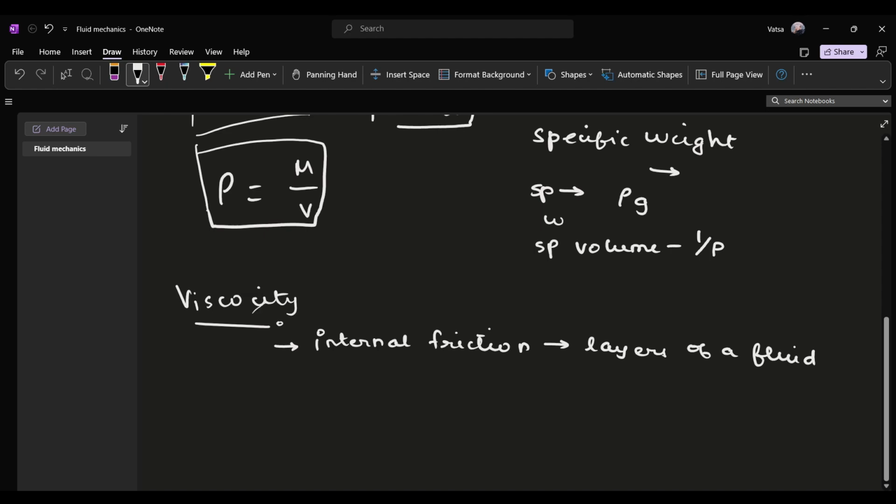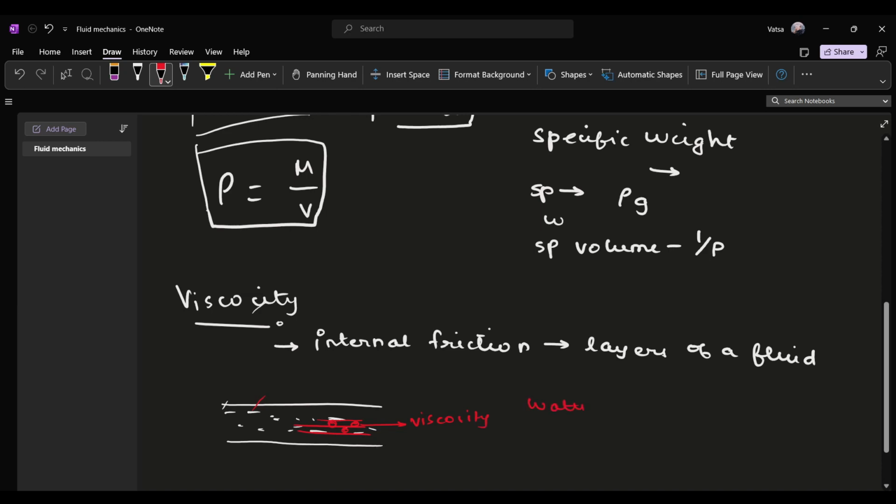So let us assume we have a pipe here. There is some water, a fluid flowing through this. Now assume that there are different layers of fluid. So there should be a friction force between these layers. This friction force is known as viscosity.